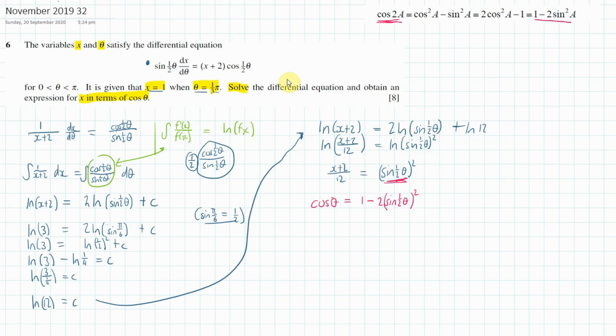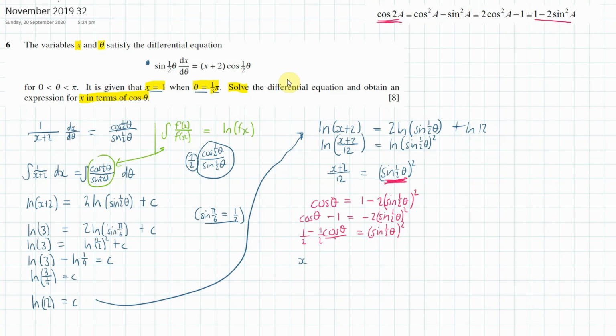So I'm going to have cosine theta minus 1 equals negative 2 sine 1/2 theta all squared. I still haven't got quite what I need, so I'm going to divide by negative 2. That will give me 1/2 minus 1/2 cosine theta equals sine 1/2 theta all squared.